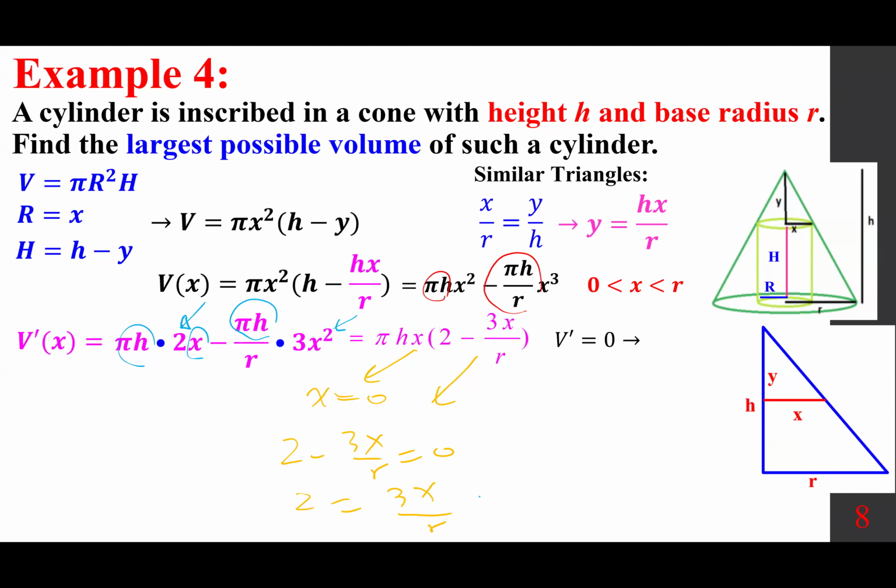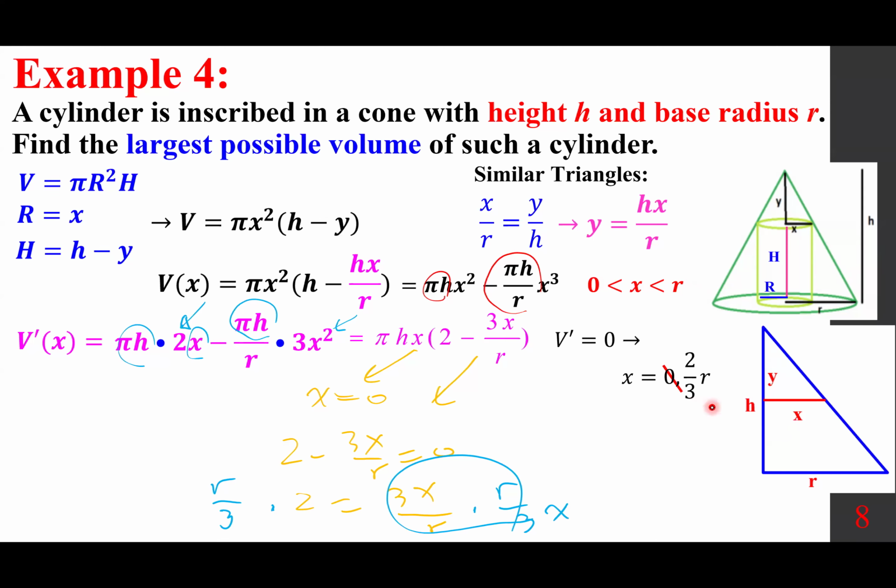All you have to do is multiply both sides by r over 3. So this obviously becomes x, and the other one becomes 2/3 r. So there are two answers. And we already said x is between 0 and r, so therefore it can't be 0. So 0 is out. So we have an open interval of 0 to r, and we have one critical point.